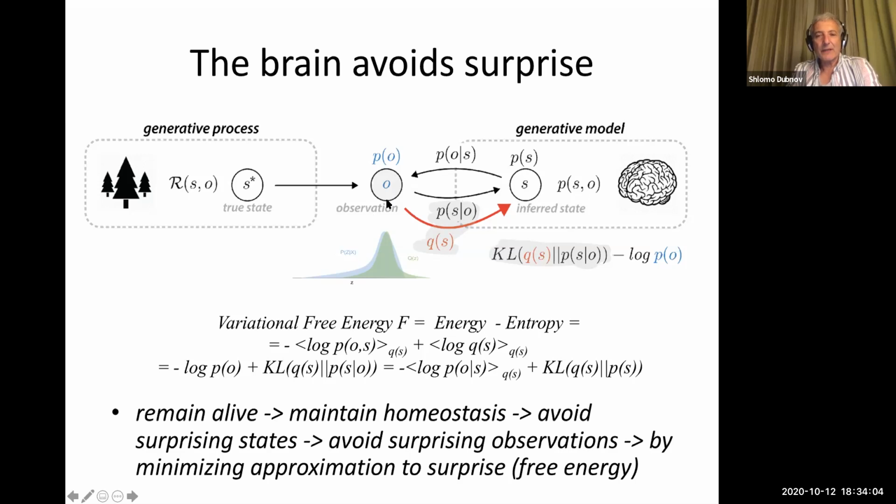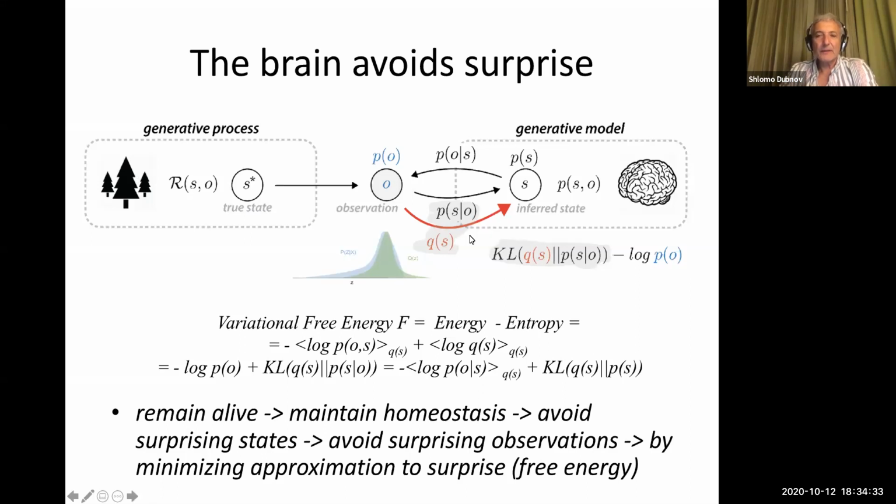So all we see are the sensory inputs, and the whole premise here is of a Bayesian framework, where the states are random, the observations are random, and there is a joint probability distribution. All the relations within them are given by this Bayes rule.